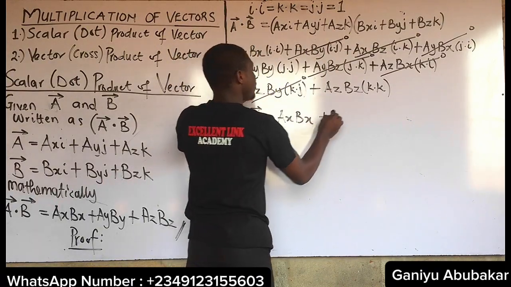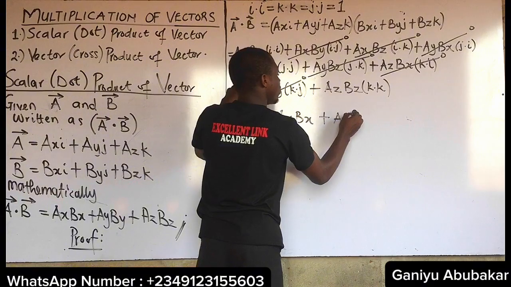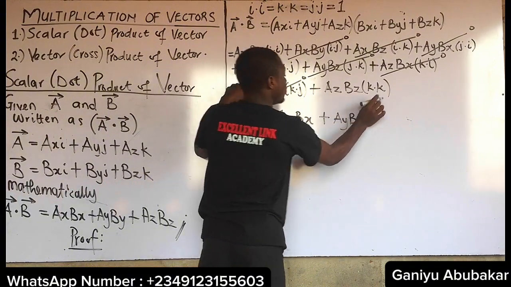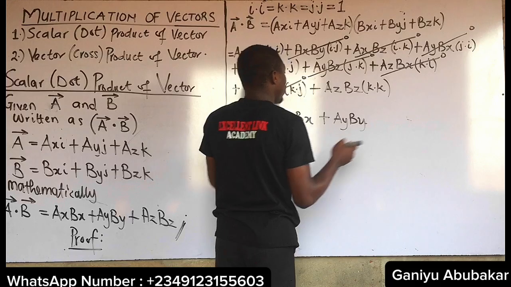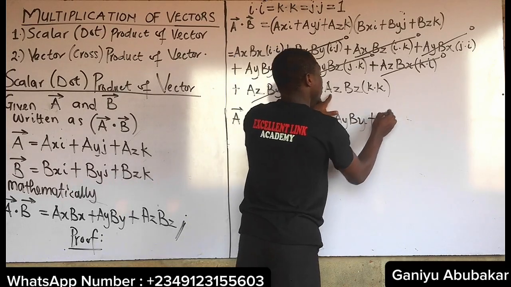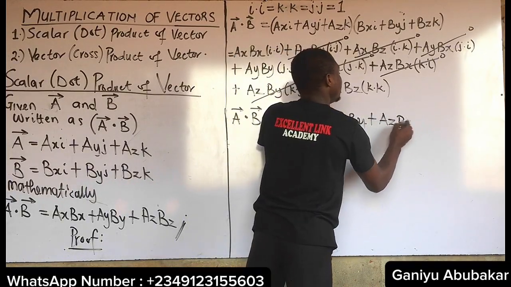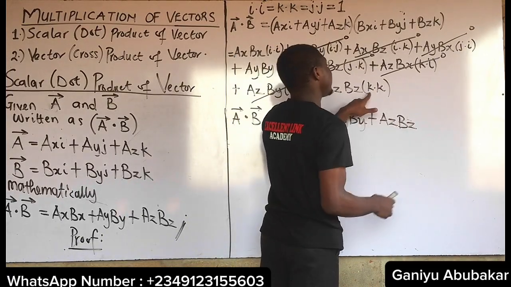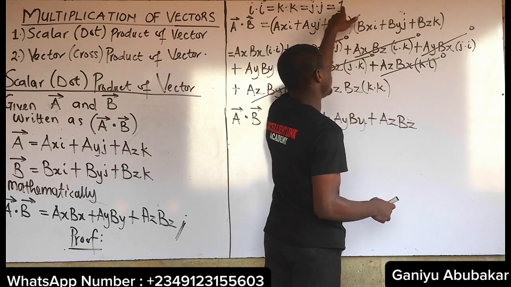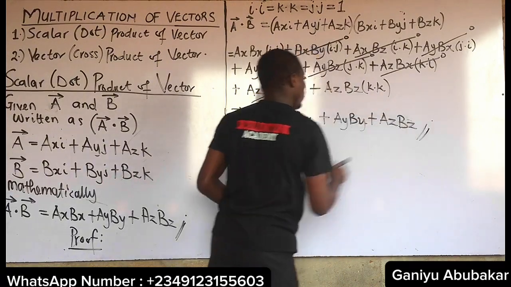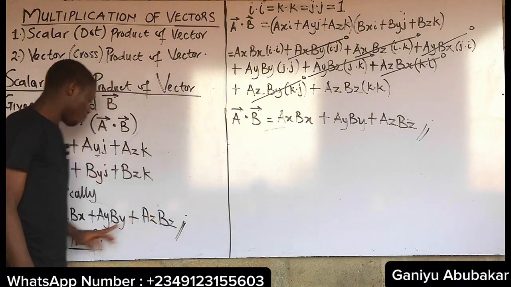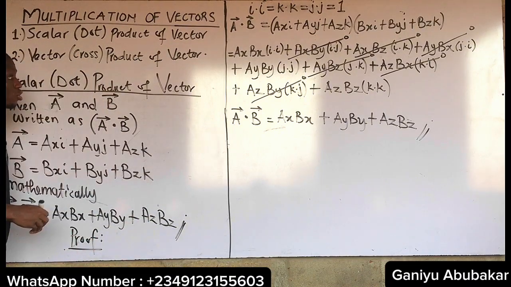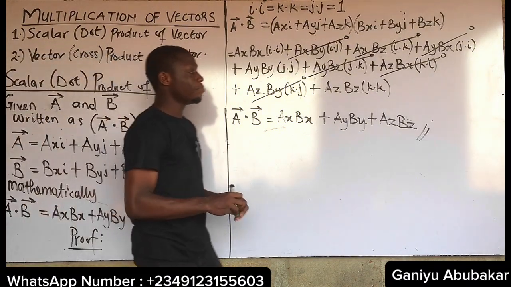Plus AY BY, so J dot J will give 1. So it's off. Plus AZ BZ, K dot K will give 1. So this becomes what I have here as a mathematical expression for the dot product of these vectors.